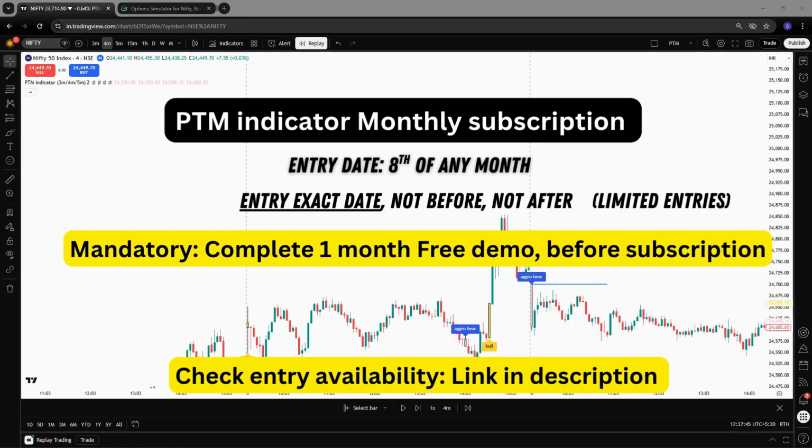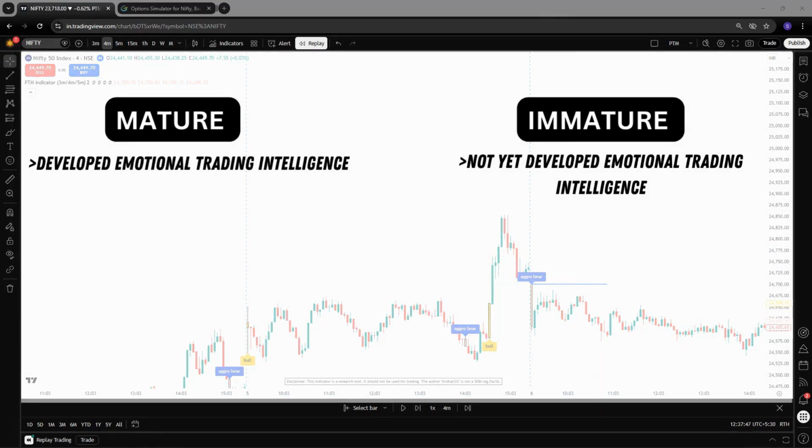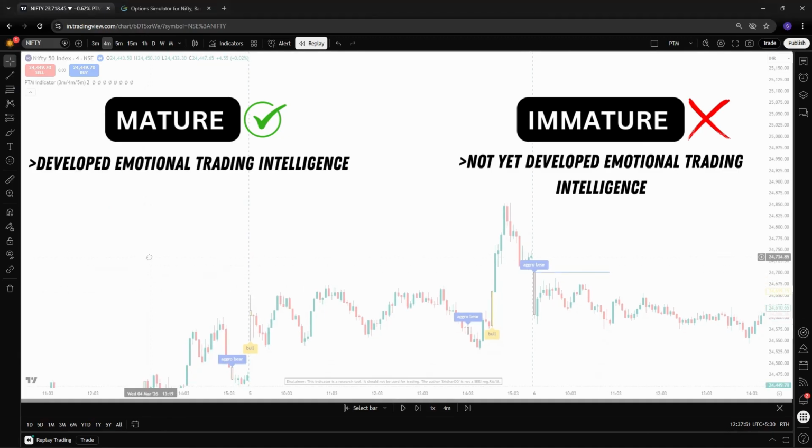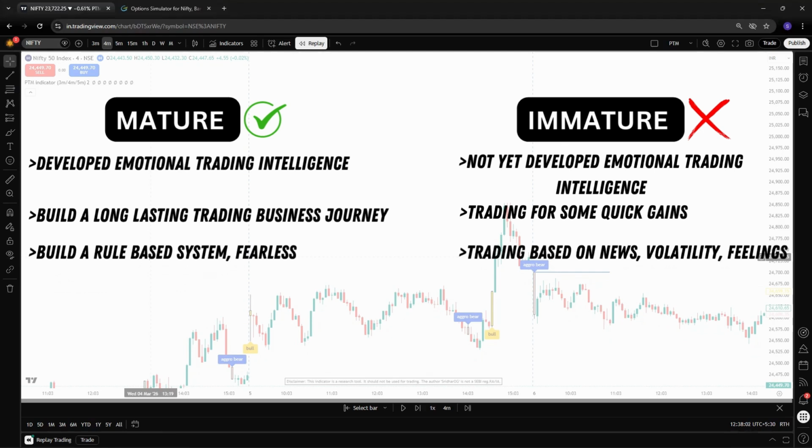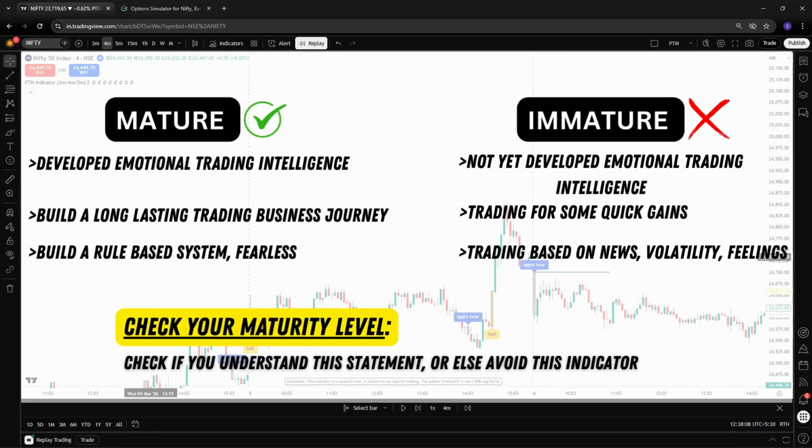Simple. That's all. Now, mature traders, keep this in mind. This indicator is for you, those who are focused on building a system that can last for a long time, those who want a rule based system, those who want to create wealth from trading using a rule. I'm going to tell you one statement.